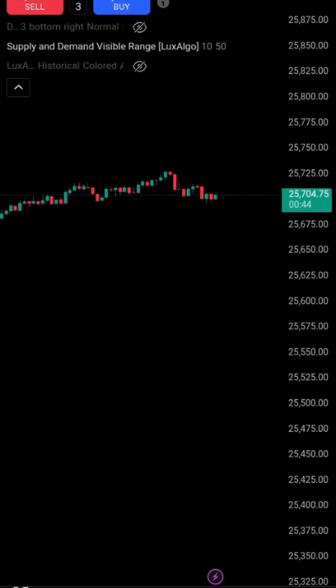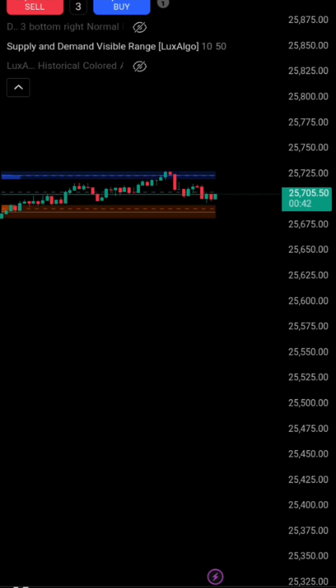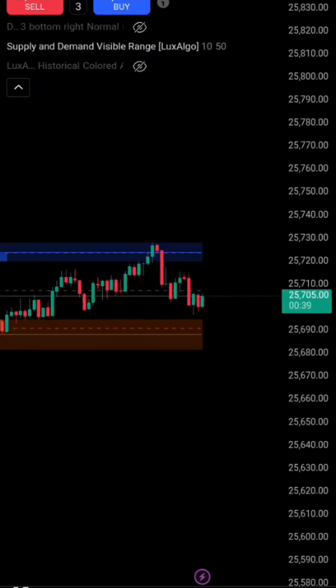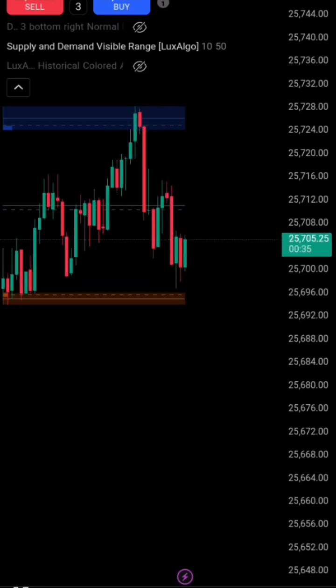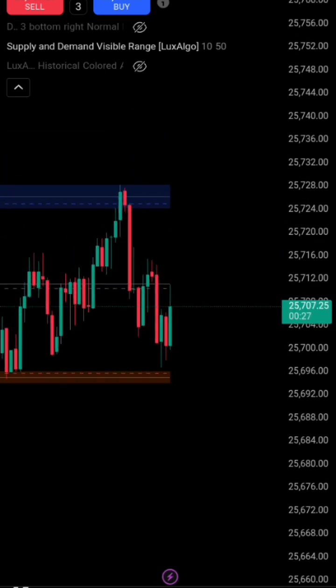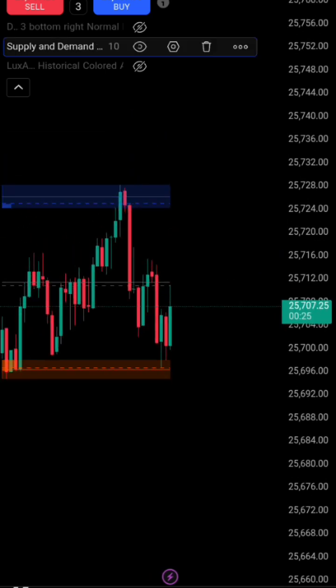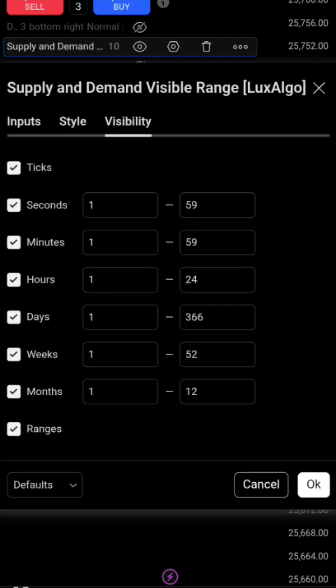You can go to the 1 minute. It's going to let you know what time frame you're on and where you are in the market at all time. As you can see, it updates, and that's the reason why I like it. It's going to let you know whether you're at the bottom or at the top of a range. And so that's why I like having it on my chart. And that is supply and demand visible range with Lux Algo.